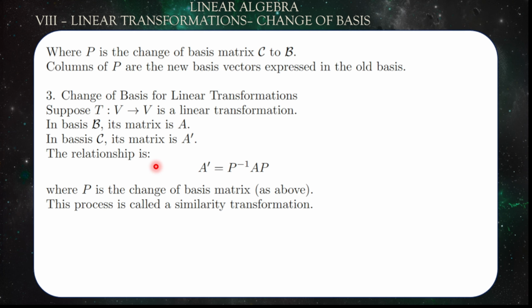So the relationship is A prime, okay, the new matrix in the new coordinate system, is given by P inverse multiplied by A, the matrix in the old basis, times P, which is again the change of basis matrix as above. This process is called a similarity transformation, and we're going to apply that in the upcoming examples.